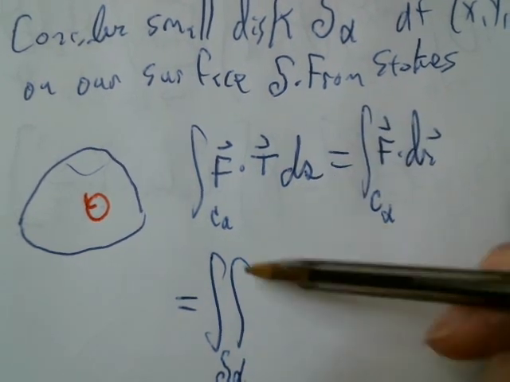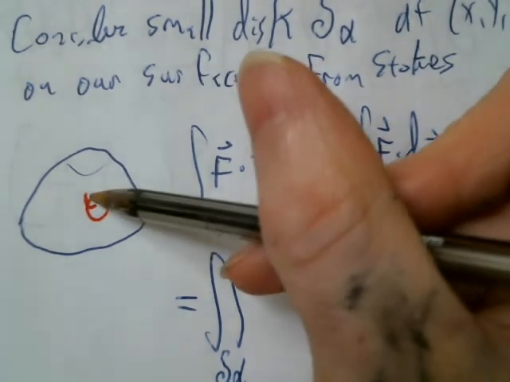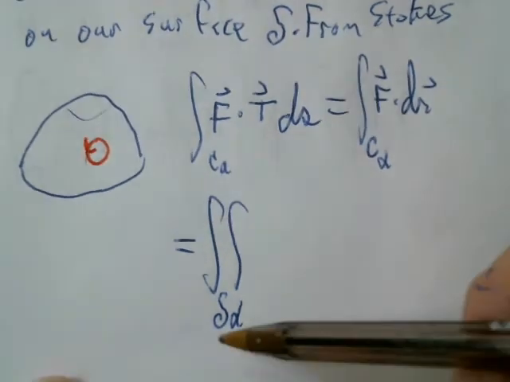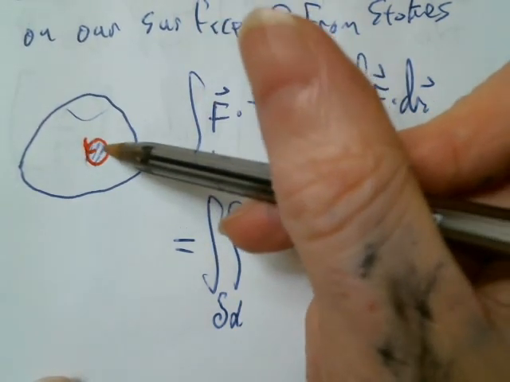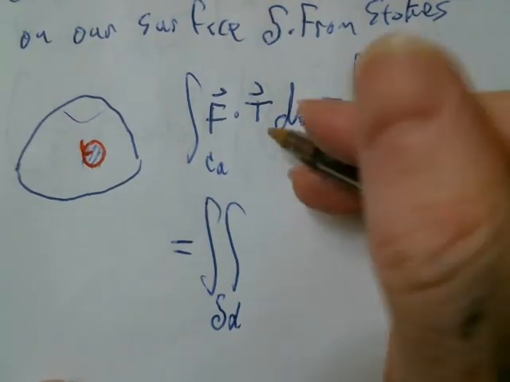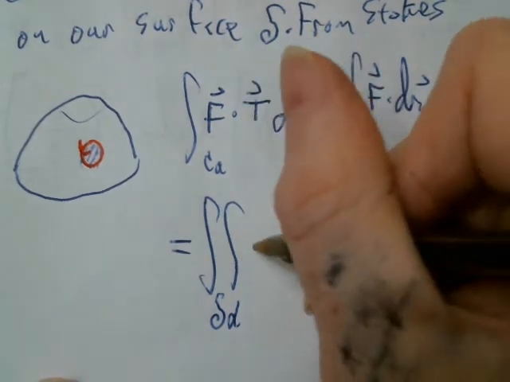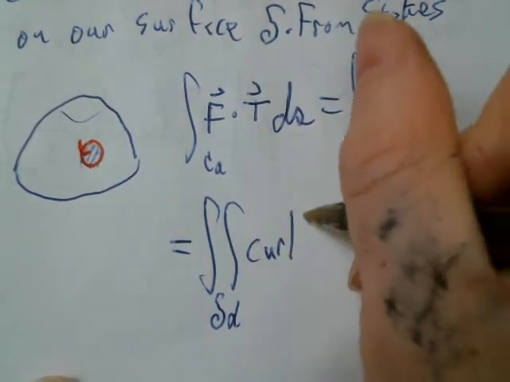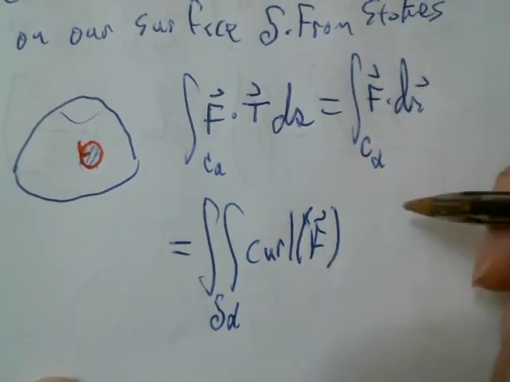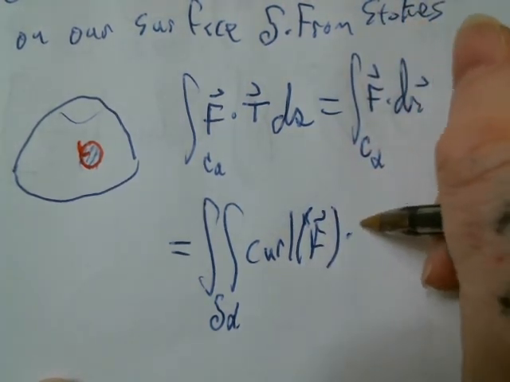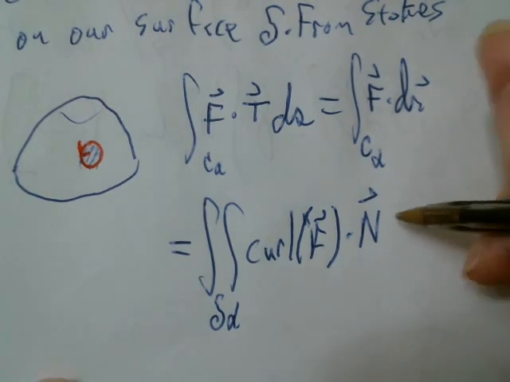Okay, so this C sub alpha would be the boundary of this disk, and this S sub alpha is the disk itself. All right, so this turns into the double integral of the curl of the vector field and that disk dotted with the normal vector.